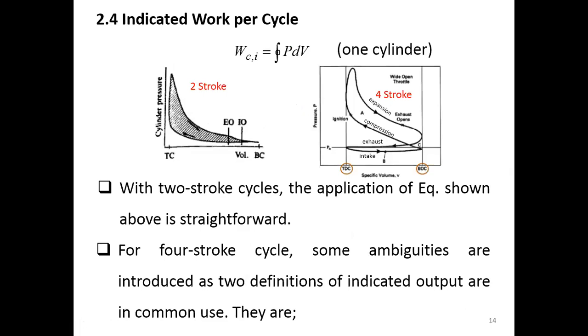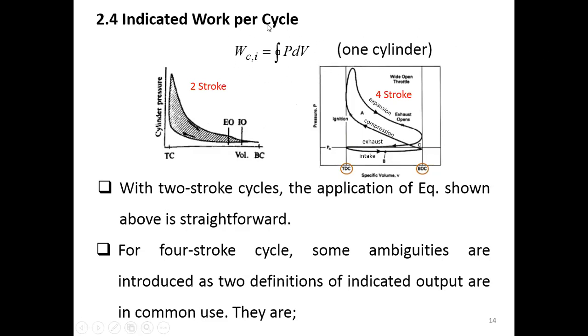The second parameter is called the indicated work per cycle. Indicated work. Okay. If you still remember in thermodynamics, we used to talk about this before, the indicated work. The indicated work can be calculated from these expressions.